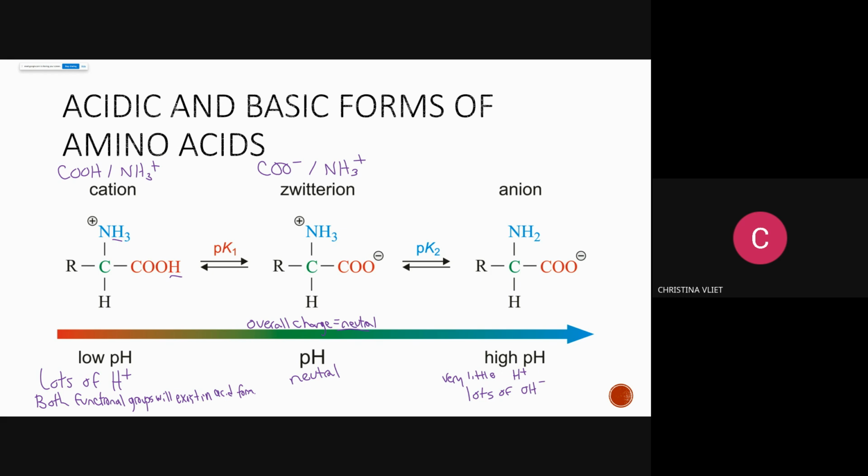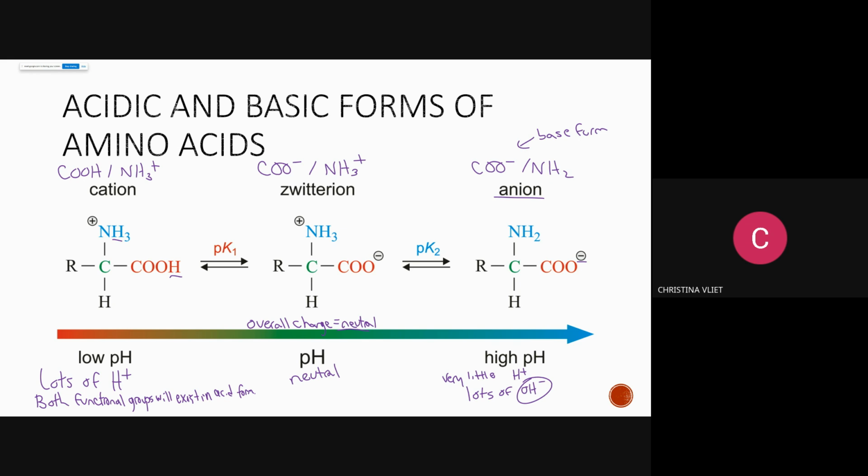Does that make sense? Because there's lots of OH minus, the NH3 plus will lose its H plus, and the carboxylic acid will lose its H plus. So it will exist as an anion with a negative charge. And so in a high pH, you have COO minus and NH2, which is the basic form of both functional groups.